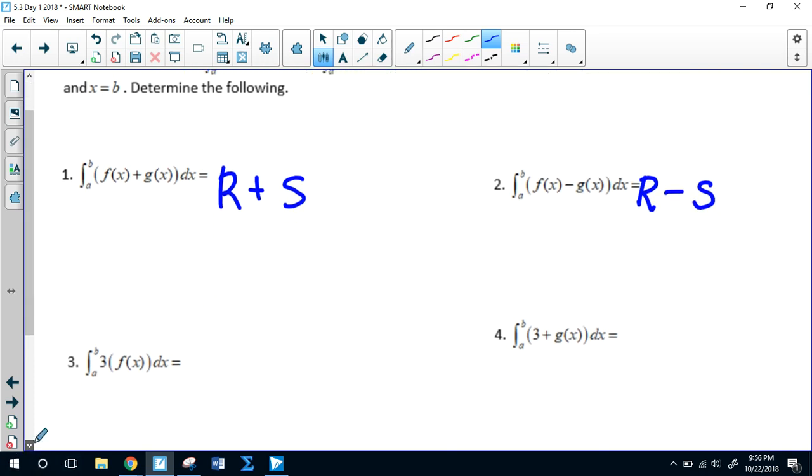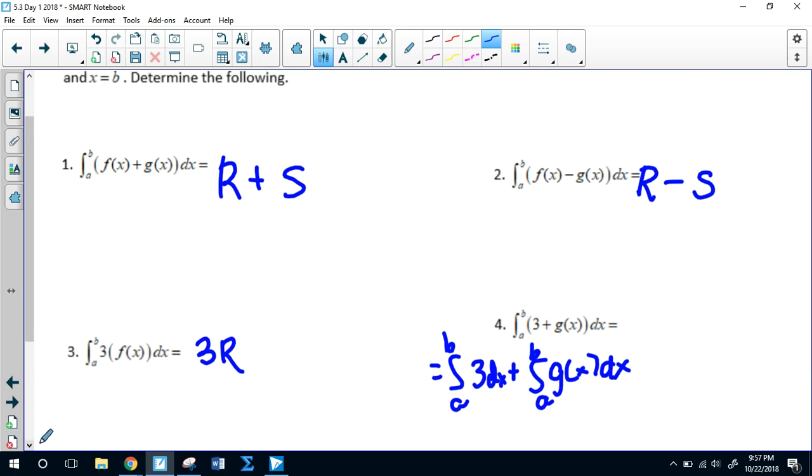And then the next one down here is the constant multiple rule. So this is going to be 3 times the value of the integral of f of x, which is 3r. And then this one over here, it might be easier to understand if you think of it as the integral from a to b of 3 dx plus the integral from a to b of g of x.